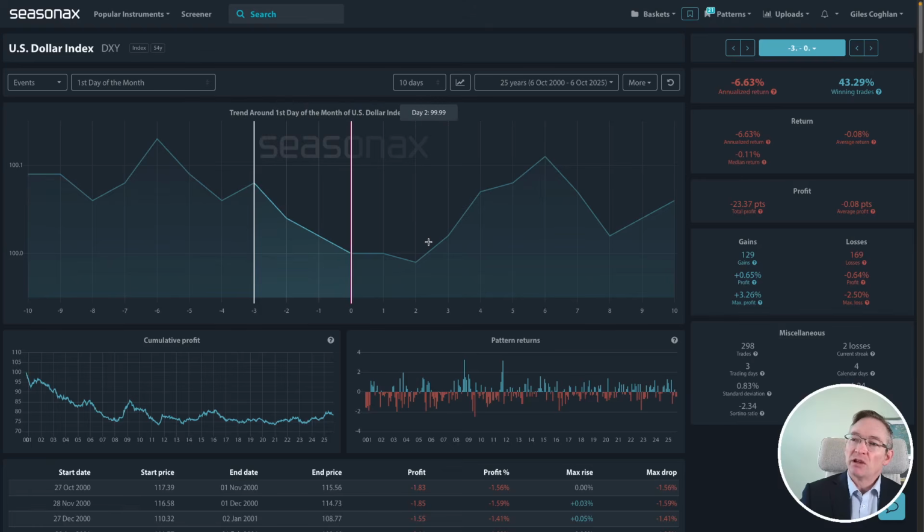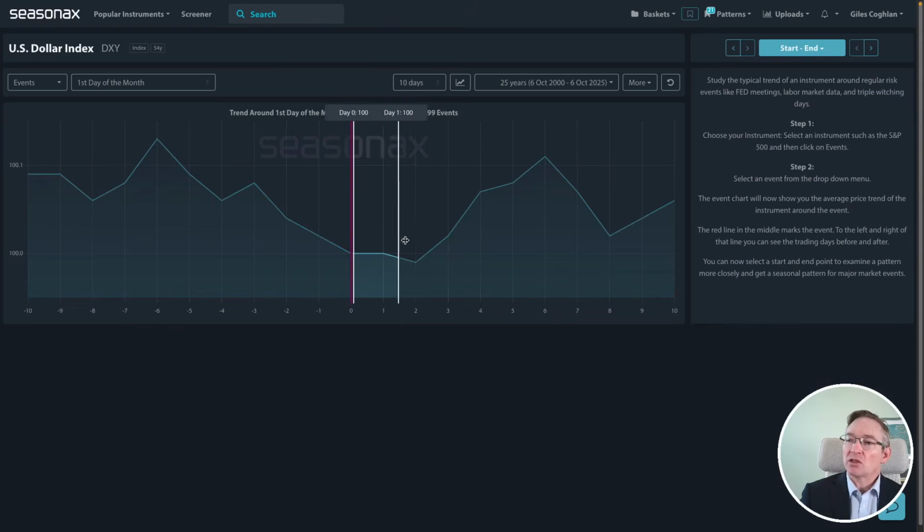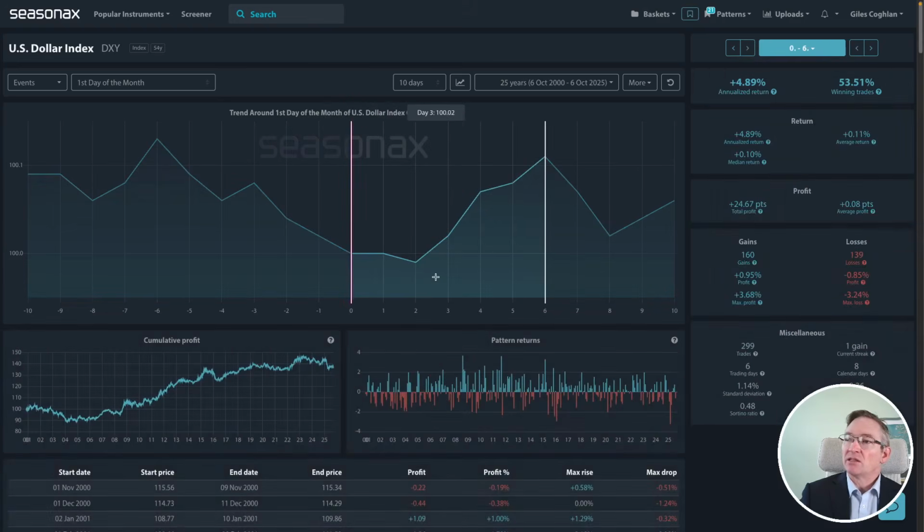But that often reverses sharply once we move into the start of the month, and you can see that there's some steady gains at the turn of the month. So dollar's down to end the month and up to start the month.